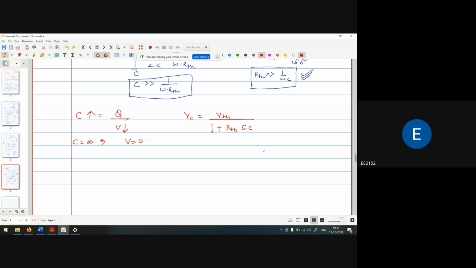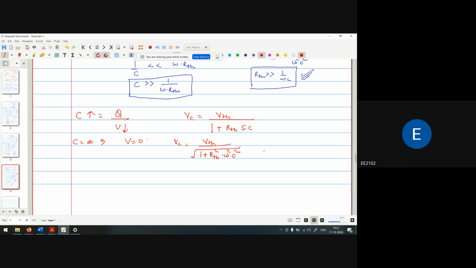If I take the magnitude of this, the numerator magnitude is VTH, and the denominator magnitude is the root of 1 plus RTH square into omega square into C square.